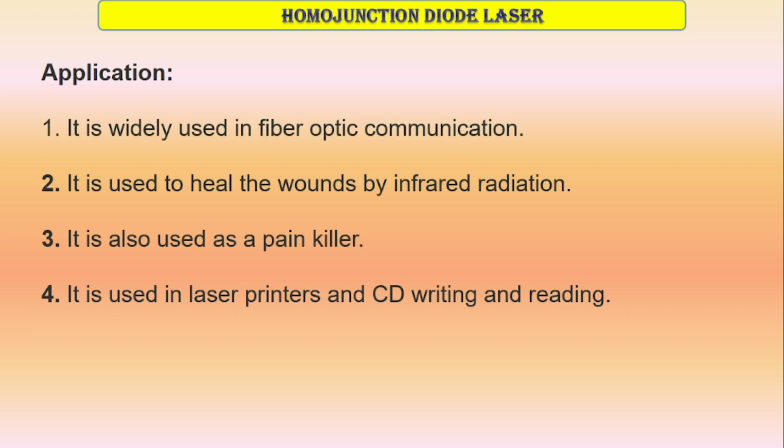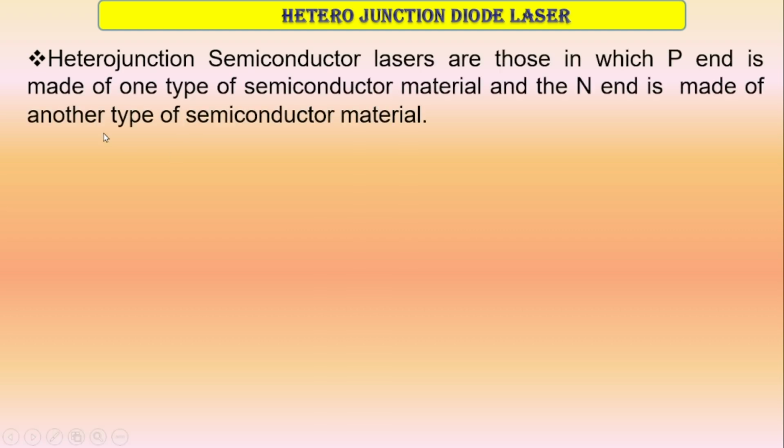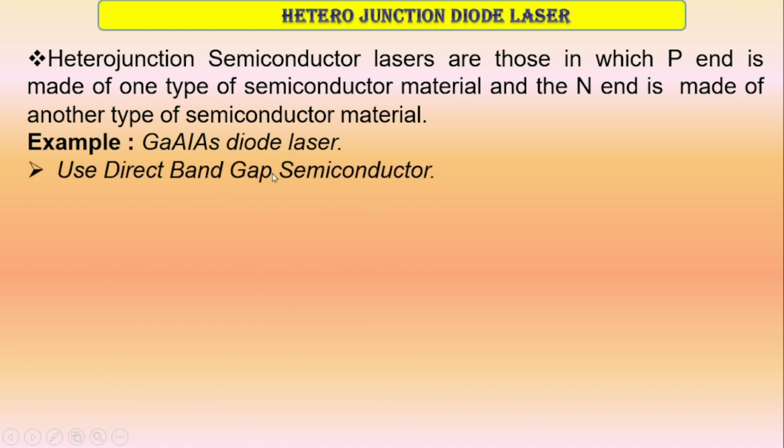Now let us see another type of semiconductor diode laser, which is heterojunction diode laser. Heterojunction semiconductor lasers are those in which the p end is made up of one type of semiconductor material and the n end is made of another type of semiconductor material, as in the gallium aluminum arsenide diode laser, which uses direct band gap semiconductor.